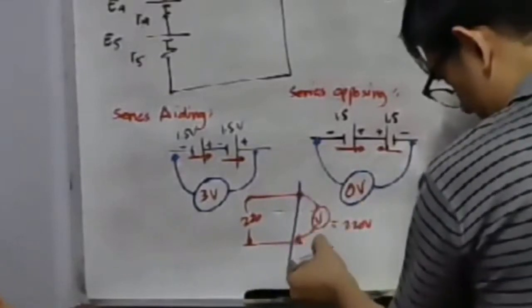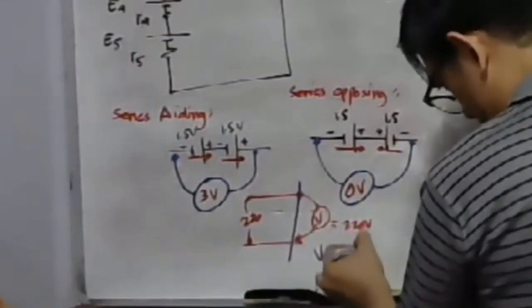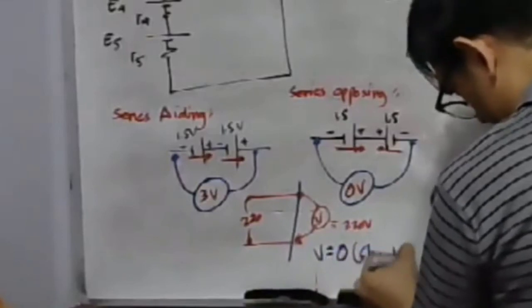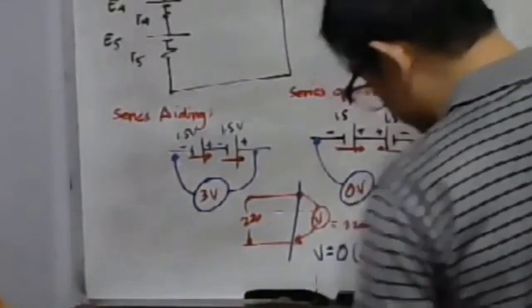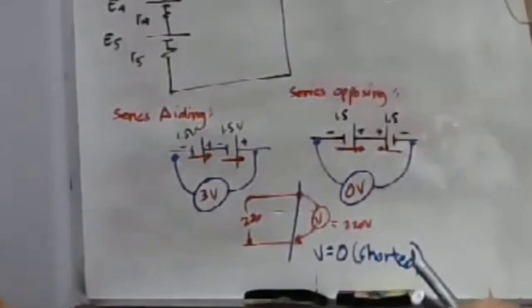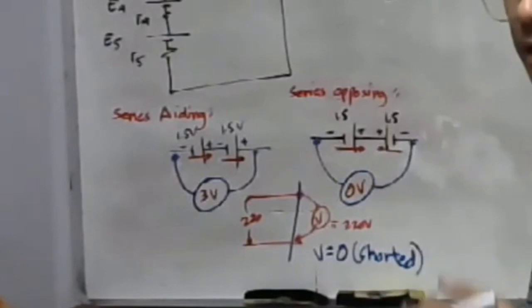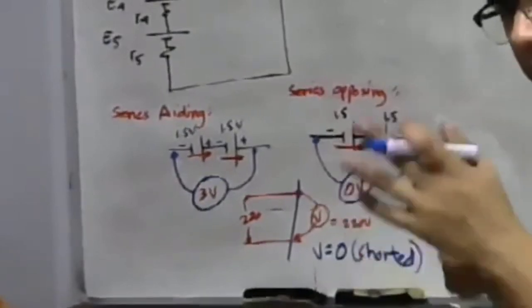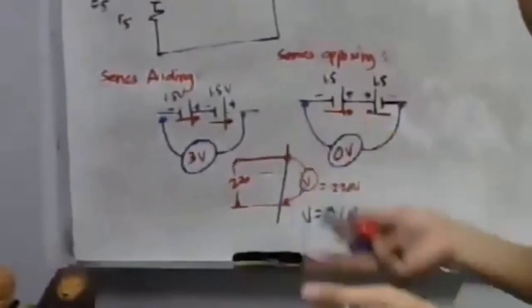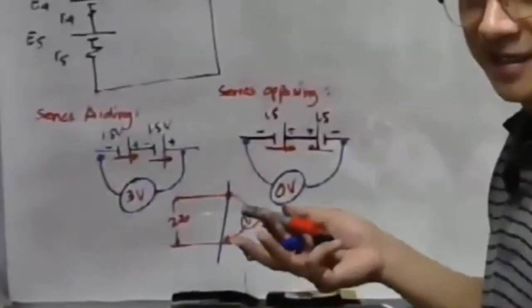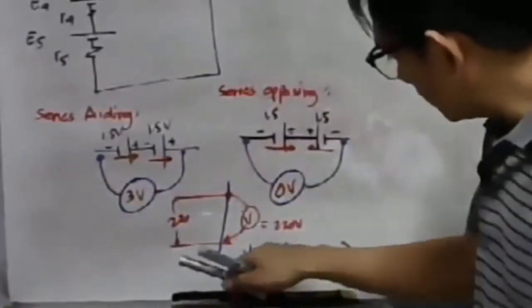The voltage will become 0 volts, and that is a short circuit, or shorted. That is the most dangerous thing that can happen to our electric circuit, the short circuit, and that causes electrical fire. That is where fires come from. They always blame us: faulty electrical wiring. Okay? So, never do this.